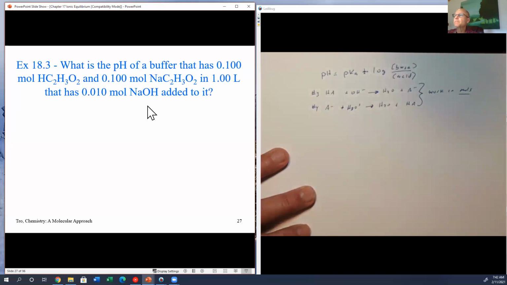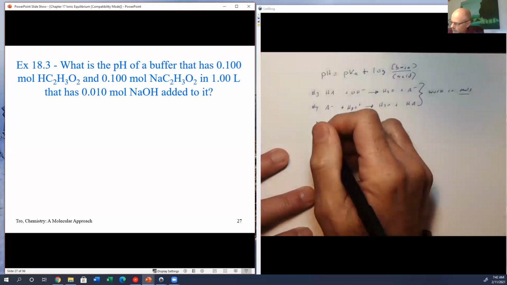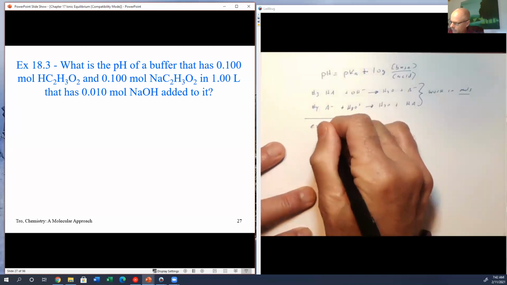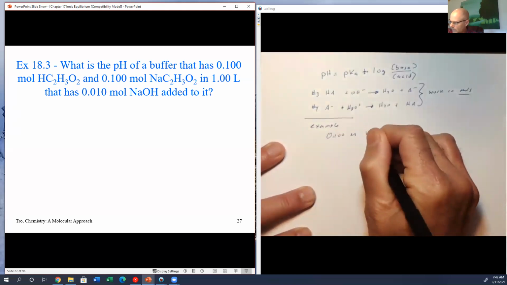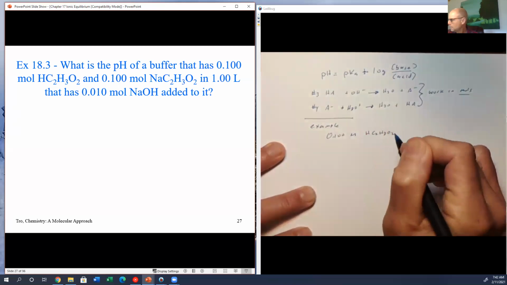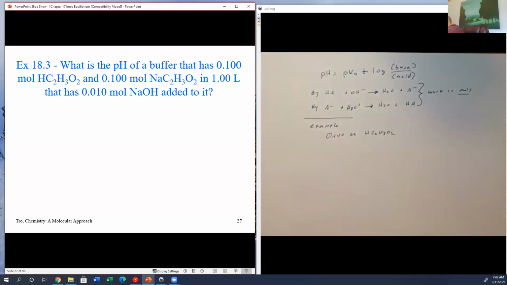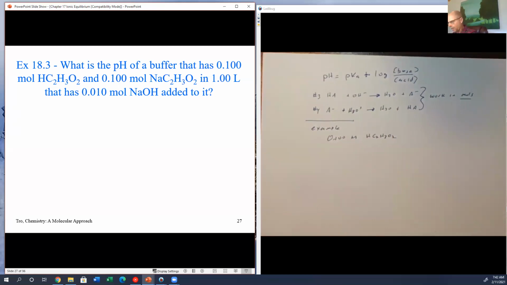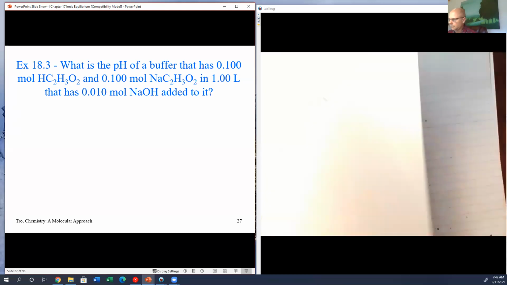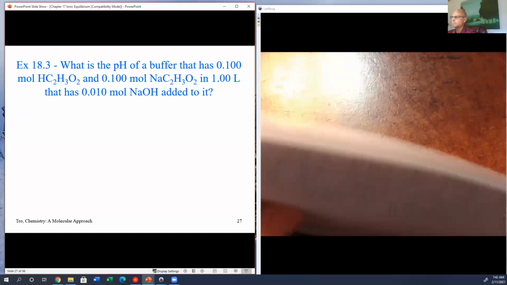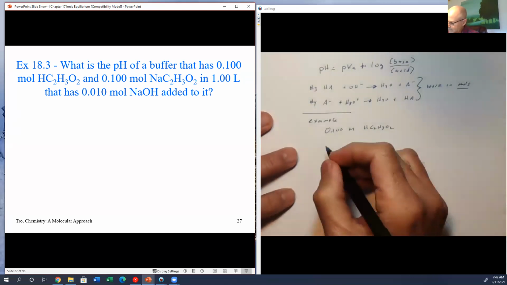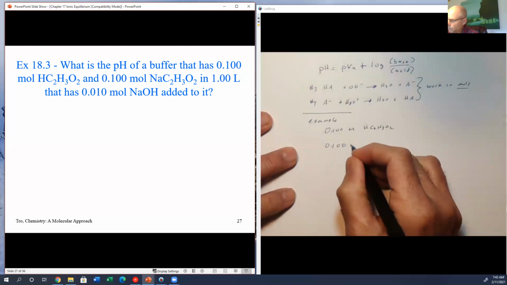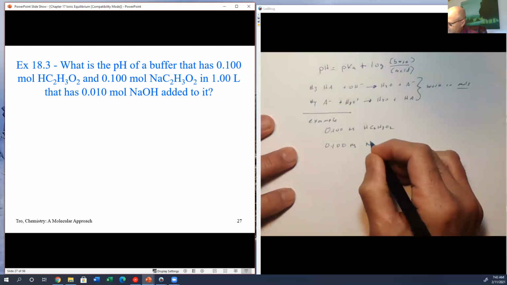Okay, so let's have an example. We want to find the pH of a buffer that is 0.1 molar. So let's just write this down. Example. You have a buffer that is 0.100 molar acetic acid and 0.100 molar sodium acetate.